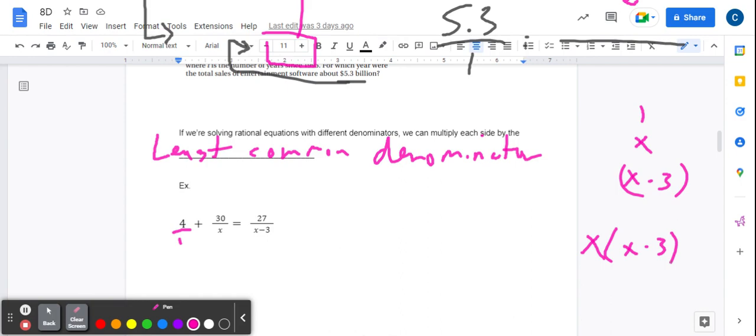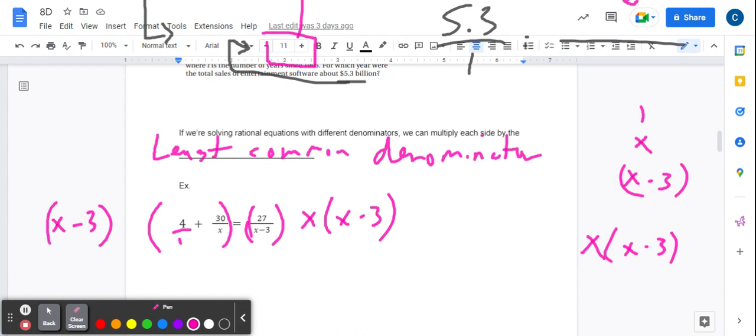Okay, so what that'll look like, if I take each side right here and multiply it by x times x minus 3. Over here on the right side, we have 27 over x minus 3 times x minus 3. So the x minus 3's cancel out, and we're left with 27x.